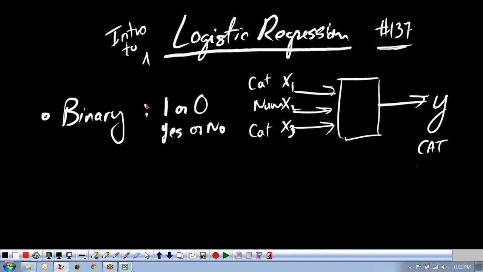Now, what I wanted to talk to you about in this one was really the logistic regression, and I want to be clear on this. This is really an intro to logistic regression, and the reason why you'll want to keep it that way at the moment is that there's a bit of a conundrum.